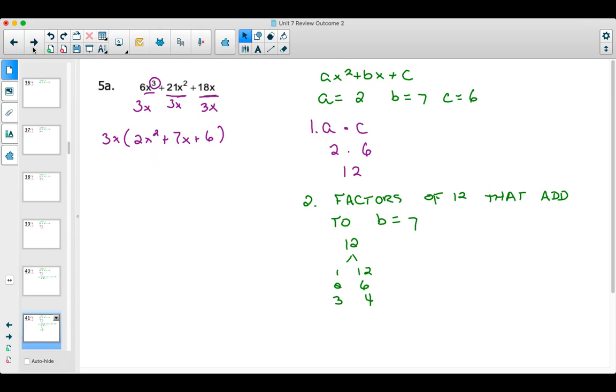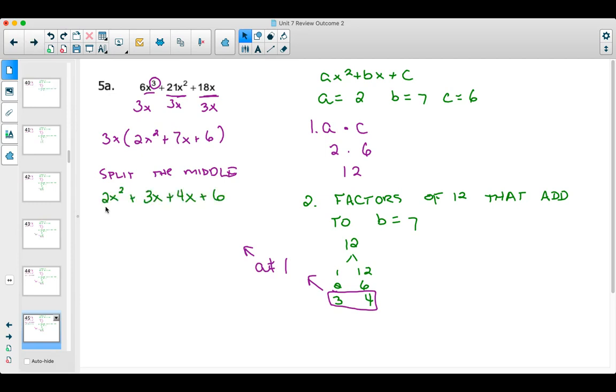A is not 1, so I'm going to split the middle. That's going to look like this here. I have 2x squared plus 3x plus 4x plus 6. Again, I'm going to split that up into two parts. And then my GCF for the first half is going to be x.